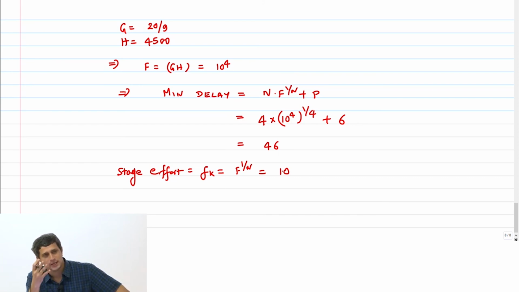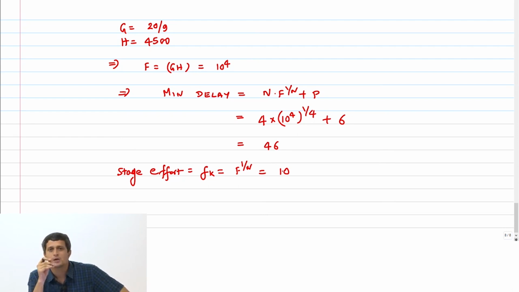So in some sense, each stage is having to do a lot of work. Earlier, the stage effort was somewhere near 3. And that's why the delay was reasonably low. The problem is now if my stage effort goes to 10, 20 and all that, I have a problem. Each stage is now doing too much of work in order to minimize the delay.